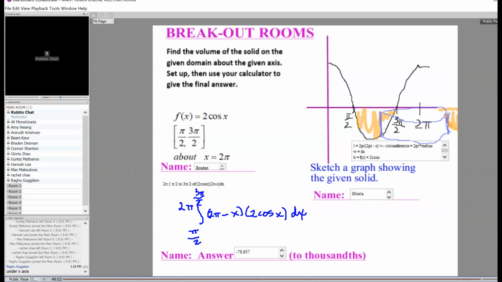Any ideas for that? Oh, well, good. I didn't even see that. Yes, it's under the x-axis. Those y distances are under the x-axis.